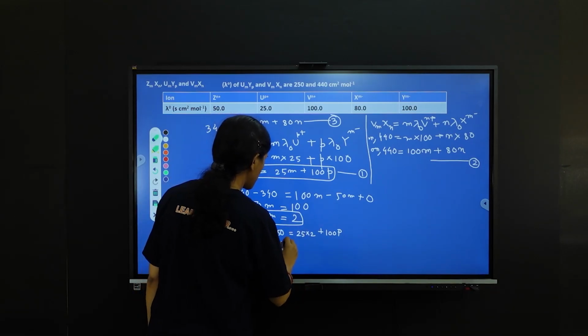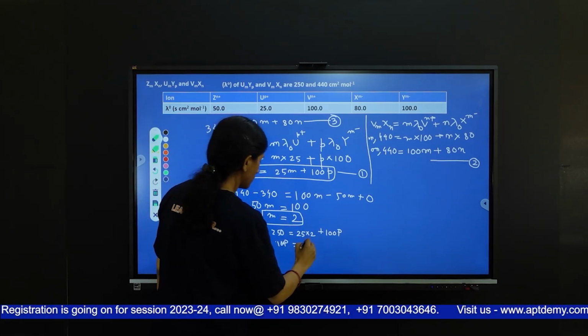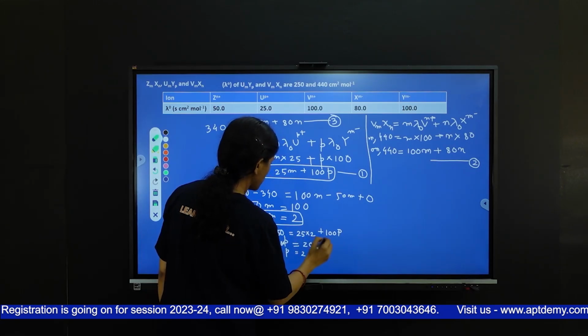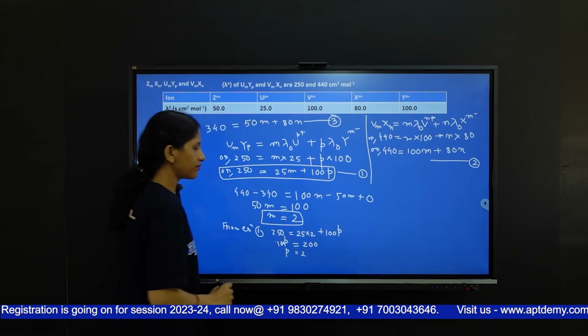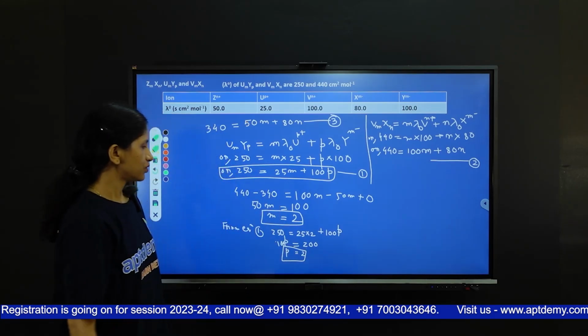So 100p is giving you 200. So p is again 2 here, right? So our m is equal to 2 and p is equal to 2.